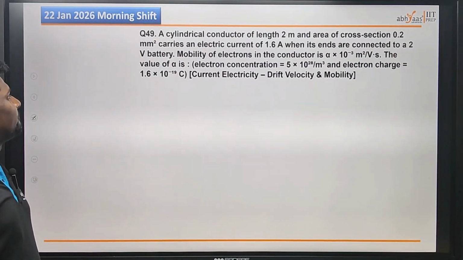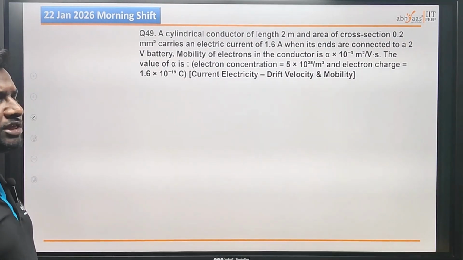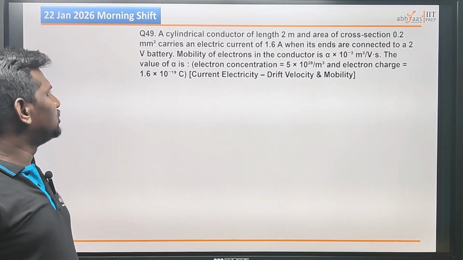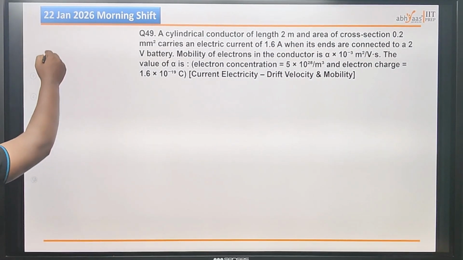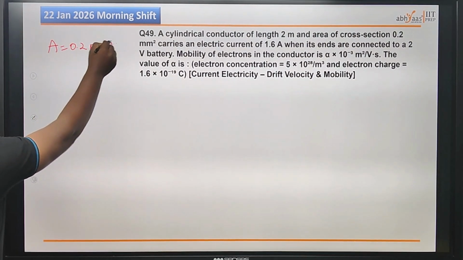Next question, see here, question number 49. A cylindrical conductor of length 2 m and area of cross section 0.2 millimeter square.